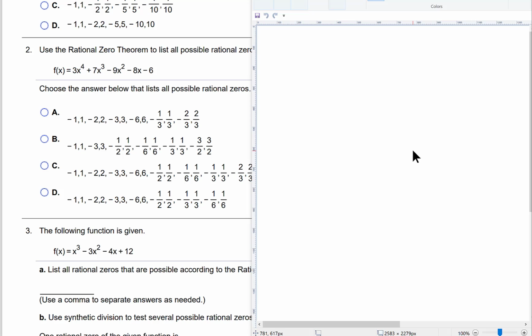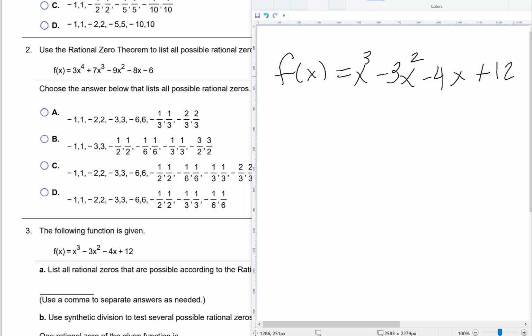Number 3, for the following function, list all possible rational zeros. f of x is x cubed minus 3x squared minus 4x plus 12. Now you may notice that this one will actually factor, which is a preferred method when it works and when you're good at factoring.